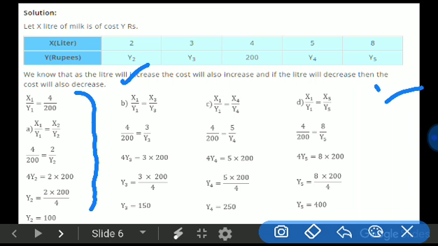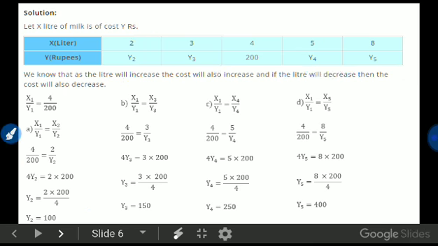Similarly, we keep x1 upon y1 the same in all of the cases and relate it with the other missing values, which are y3, y4, and y5. After comparing, we get the results y3 150, y4 250, and y5 400. Now you can notice that if you are increasing the amount of milk, there is an increase in the price. So we can say it is an example of direct proportion.